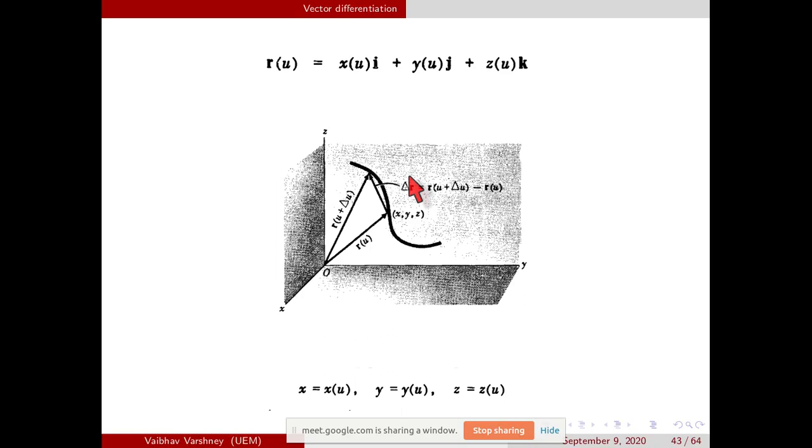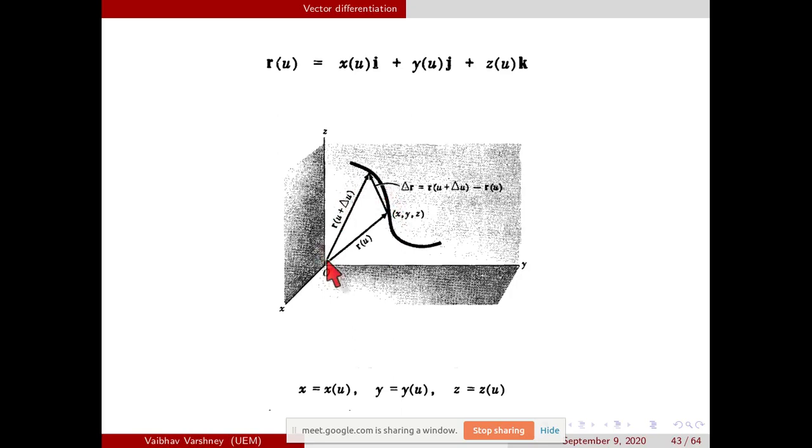so that after class when you go through the book you will find the same things. So if we take r vector as a space vector, consider this is any curve in space, and we take one point on the curve, this point, and we draw the vector of this point, that is r of u, and then we move this point by a small amount along the curve and reach this point.